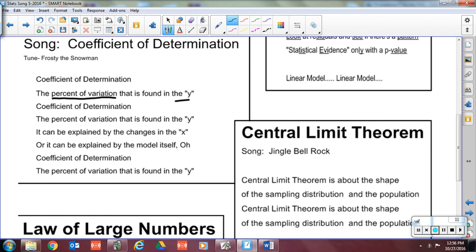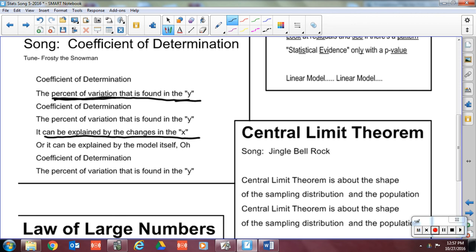So coefficient of determination, the percent of variation that is found in the Y, and now can be explained by those changes in the X. In our situation, 92% of the fluctuation in the sales can be explained by the changes in the temperature.